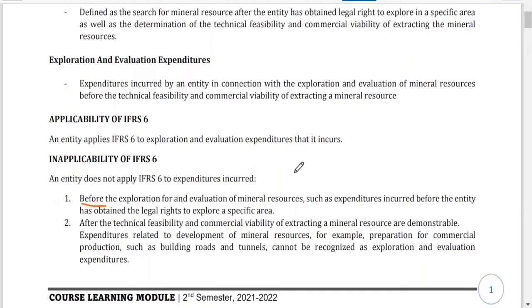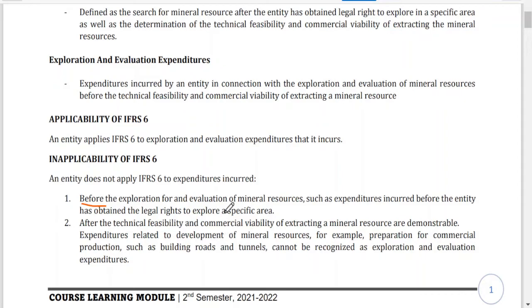For example, those expenditures incurred before the entity has obtained legal rights to explore a specific area, or after the technical feasibility and commercial viability of extracting a mineral resource are demonstrable.